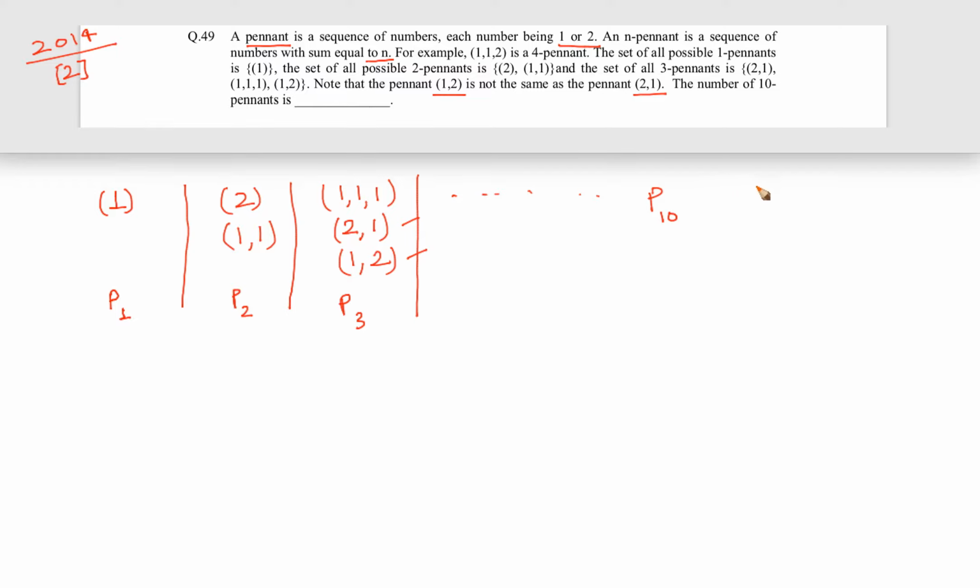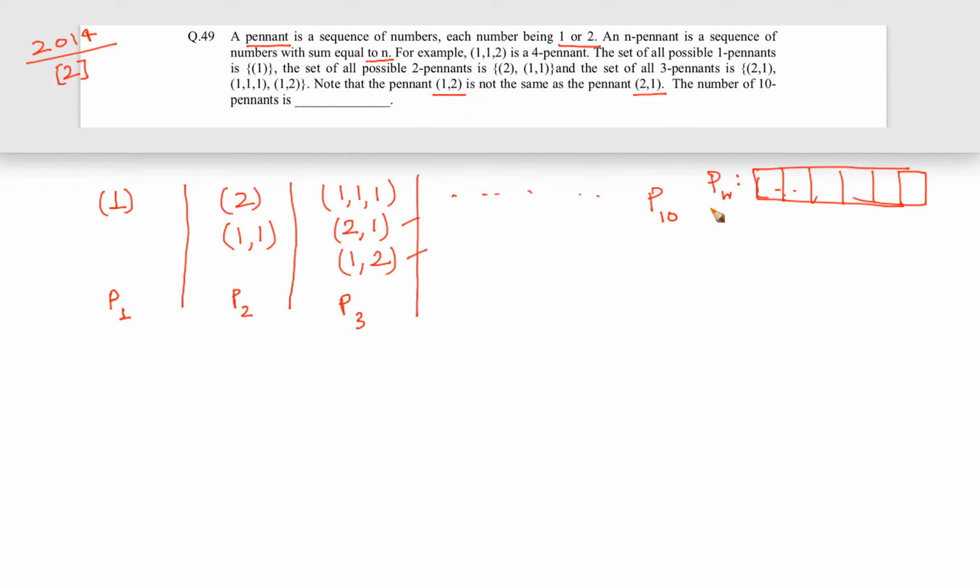There are many ways in which you can understand this. One of the ways is something like this. Let's say you are talking about n pennant, and n pennant is some tuple. Let's consider it like a box. Whatever numbers are there, let's say they are at some positions, and we'll analyze it like this.